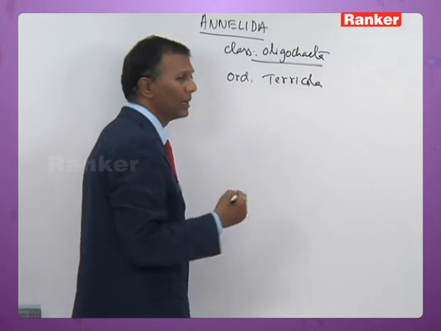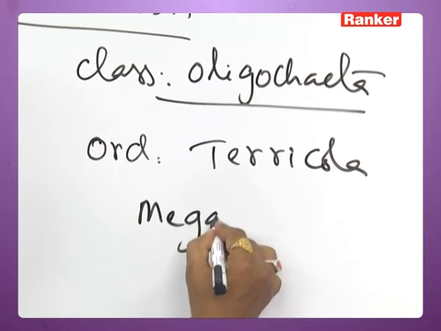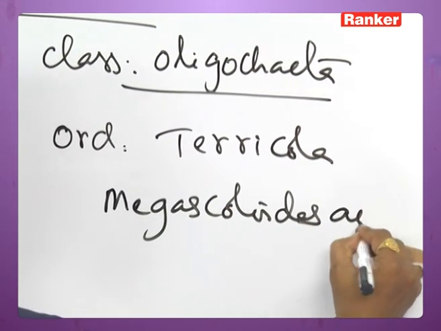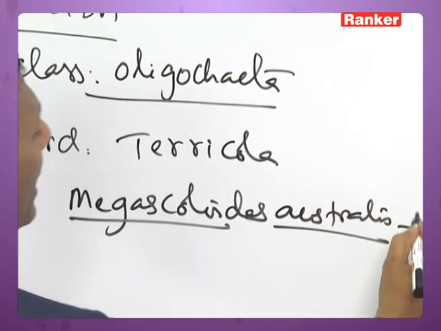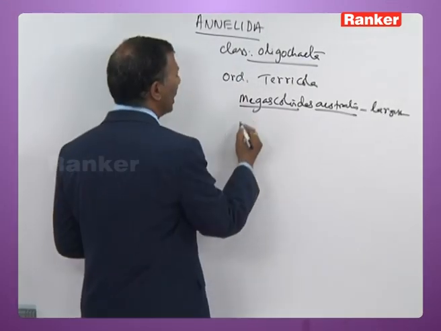Under Terricola, the examples are placed here, like Megascolides australis. Megascolides australis is the largest annelid, and happens to be the largest earthworm also.